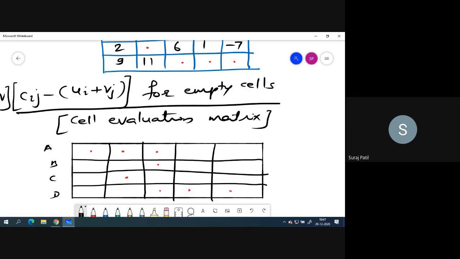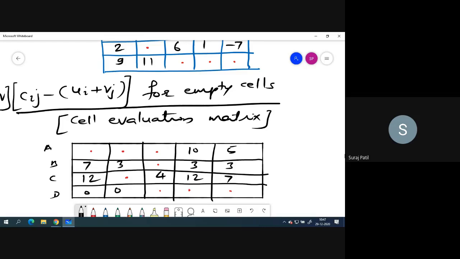So what I'll get: 10, 5, and 7, 3, 3, 3, and 12, 4, 12, 7, and these are zeros.